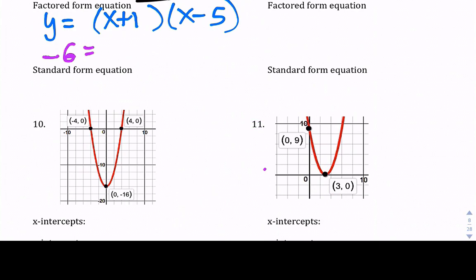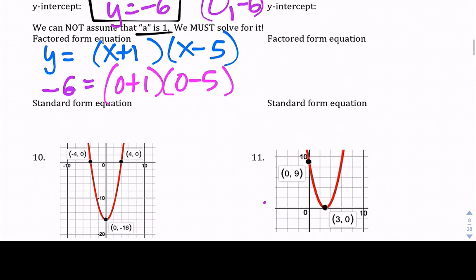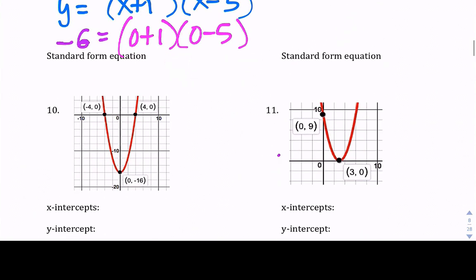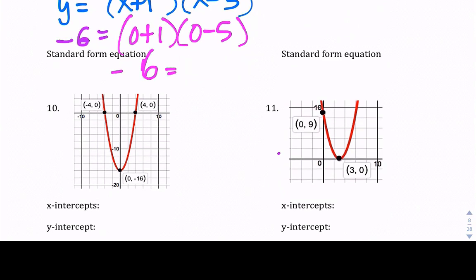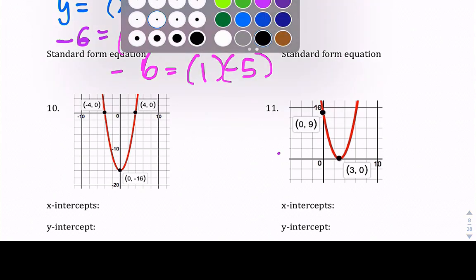Okay, so again, we plug in 0 plus 1, 0 minus 5. We're plugging in our x value here. And we get -6 equals 1 times -5. And then we had our A there too, so I need to put my A back in.